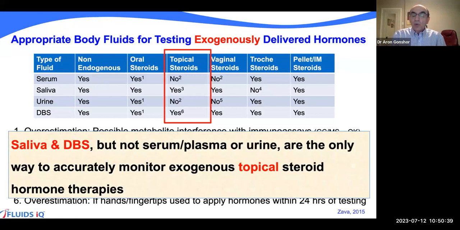So remember, whatever methodology you're going to use for testing, you need to do your homework, because what may be good in saliva is not good in blood, and vice versa. It doesn't make either one of them bad. You need to choose the right tool for the job.